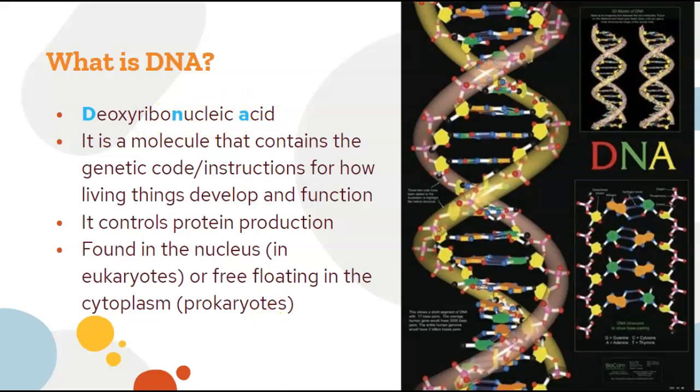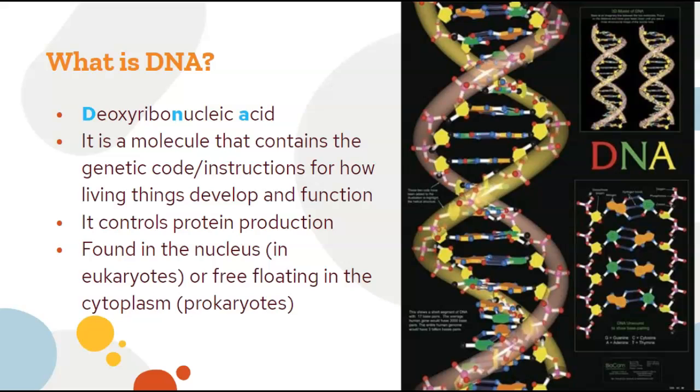And what is DNA? It's a molecule, okay? And this molecule contains a genetic code, which are instructions for how living things develop and function. And as it turns out, these instructions are entirely related to proteins. The instructions are, here's how you make this protein, here's how you make that protein, here's how you make another protein, because in organisms, proteins are what do the work, and proteins are what make up structures.